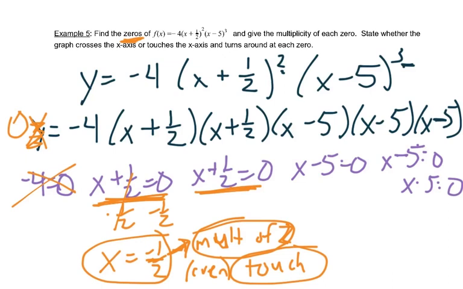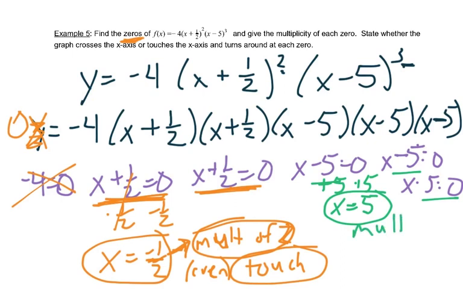So now let's look at the next piece. Here we've got that same thing written 3 times. We'll just solve it once. So x is equal to 5. So that's our other 0. It was there 3 times, so it has a multiplicity of 3.